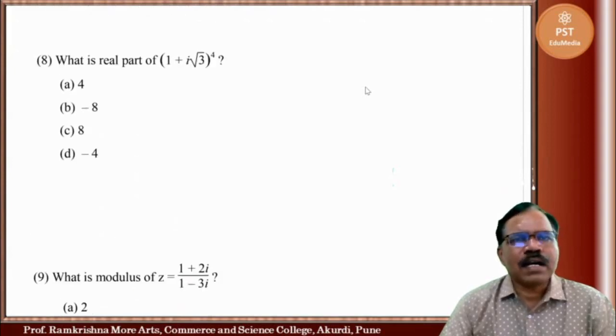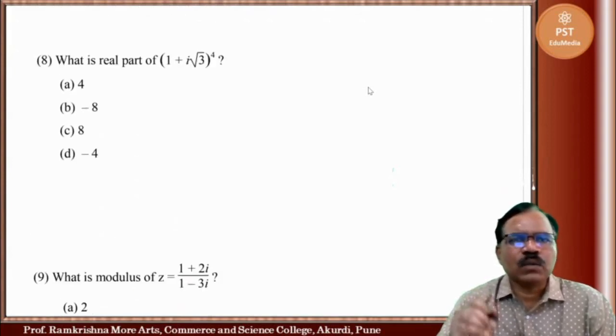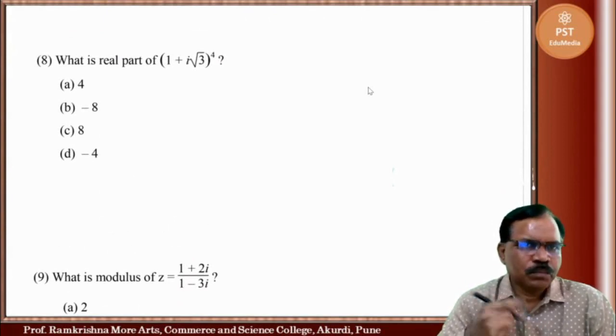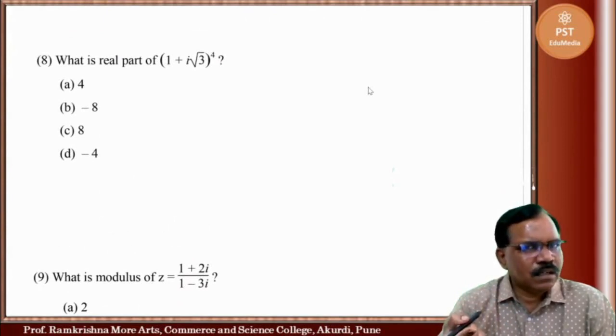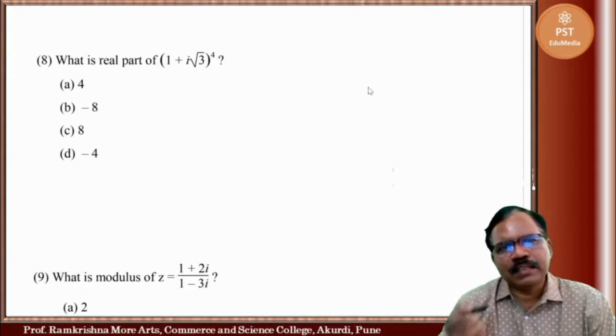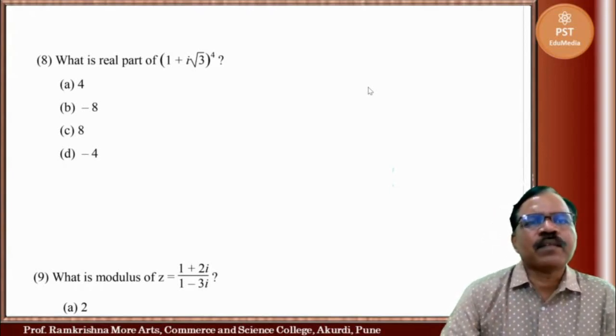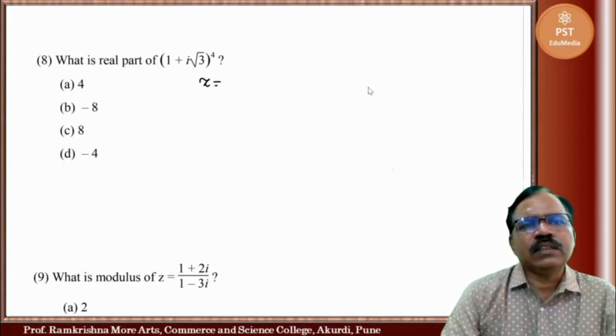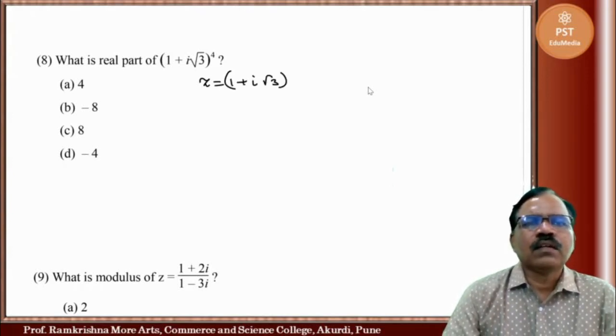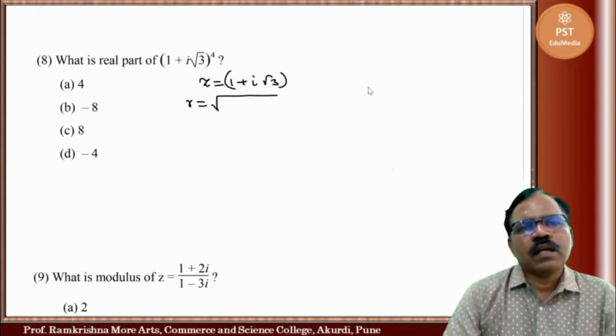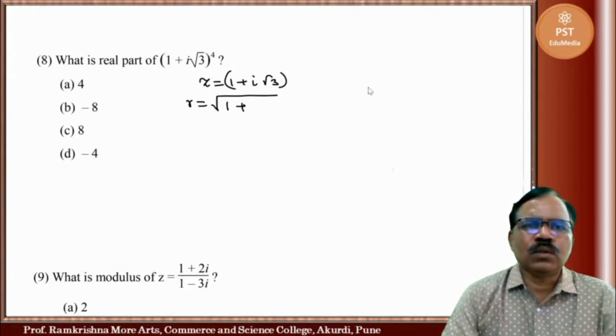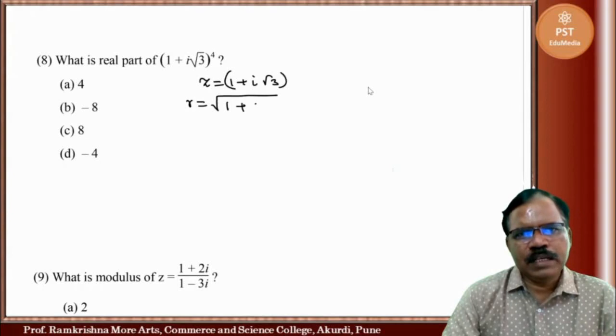What is the real part of (1 + i√3) raised to 4? So first we have to find the power of a complex number, and then we have to find the real part of that. So let us take z is equal to 1 + i√3. So we get r is equal to, x is 1, so x square plus √3, that is y, so square of that is 3.